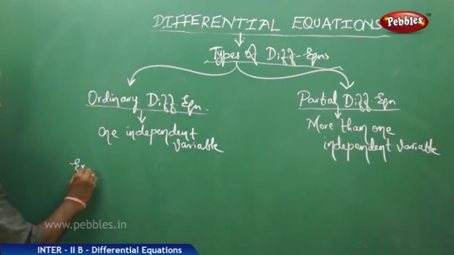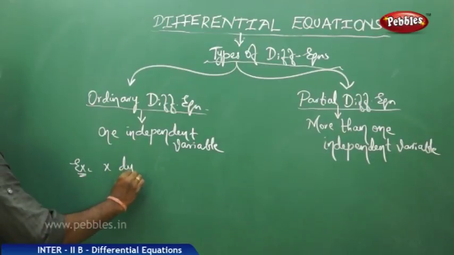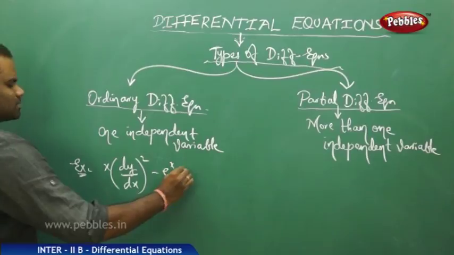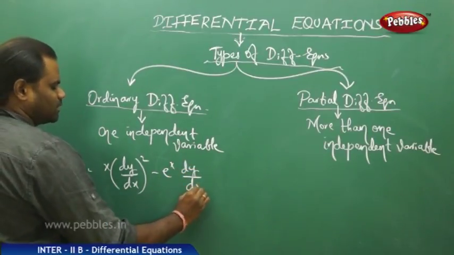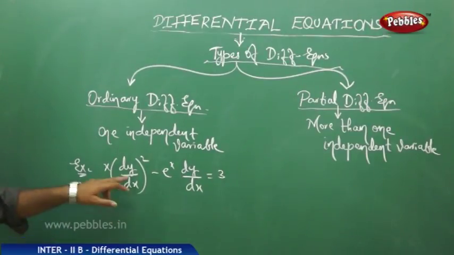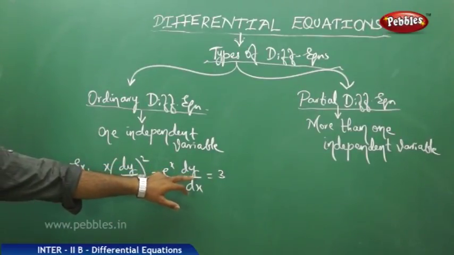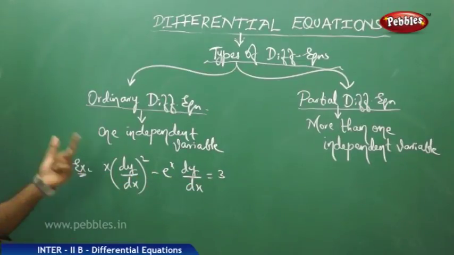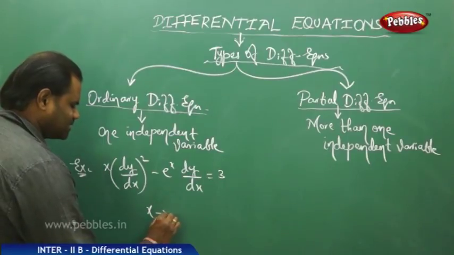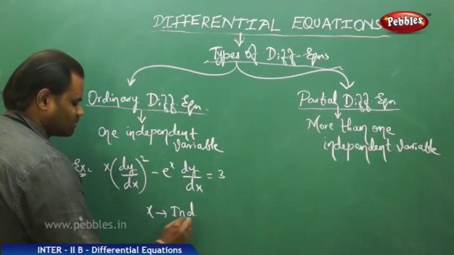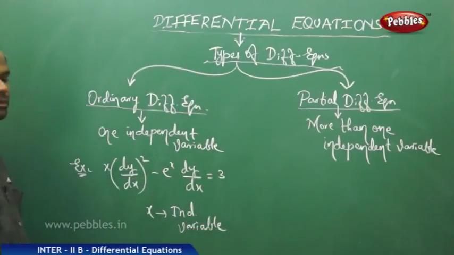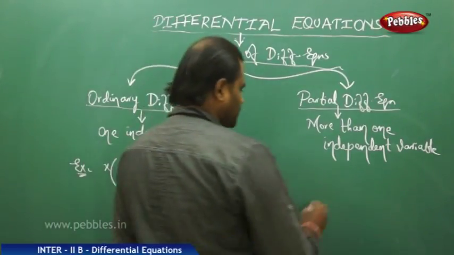For example, x (dy by dx) whole square minus e power x dy by dx equals 3 is an ordinary differential equation because we have one dependent variable y and only one independent variable x. Here x is the independent variable.